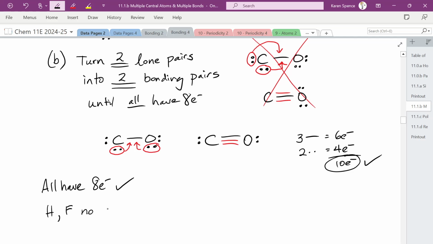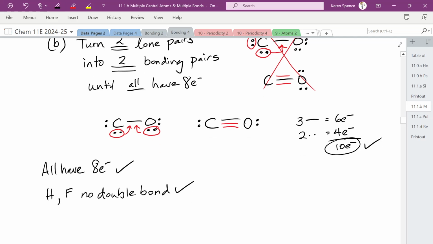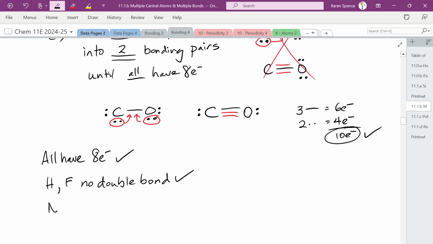No double bonds. Well, we don't have any, so that's obviously a check mark. We should check for no singleton electrons. Nope, everybody's got a pair. And I think that's it.